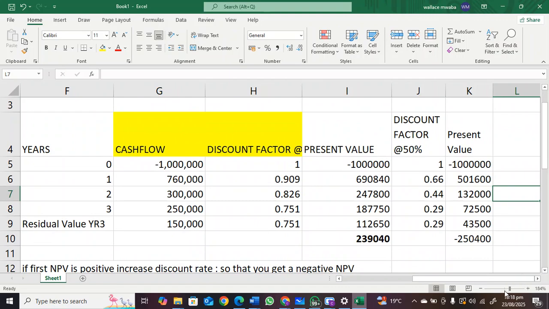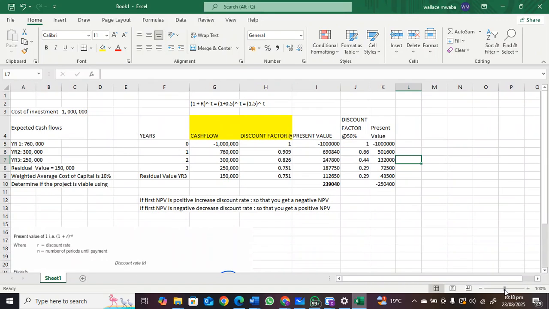Once we've got a negative net present value, we can now apply the formula.